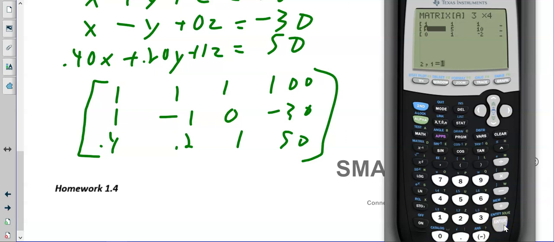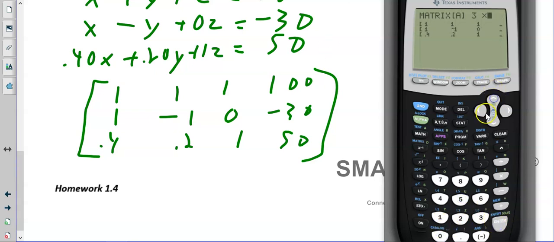Then 1, -1, 0, -30. And then 0.4, careful with those decimals, 0.2, 1, and 50.